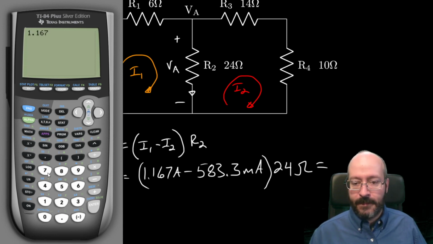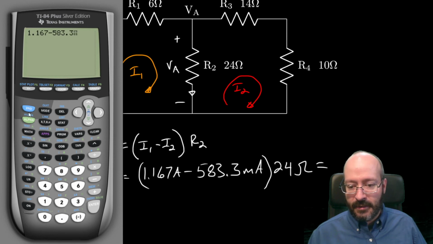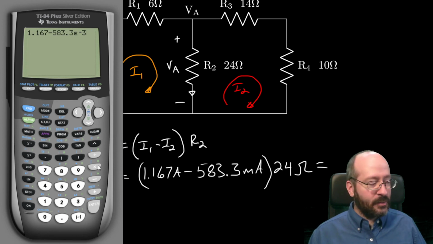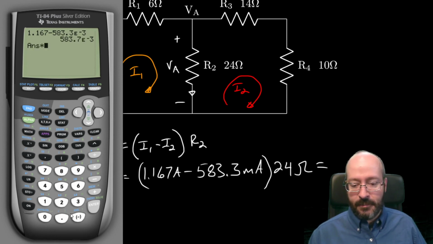1.167 amps, so no exponent needed on that one, minus 583.3 e negative 3, since that's in milliamps. Now be careful, don't just multiply by 24. Think of your order of operations. I'm just going to hit enter on that and get the current, and then multiply it by 24.